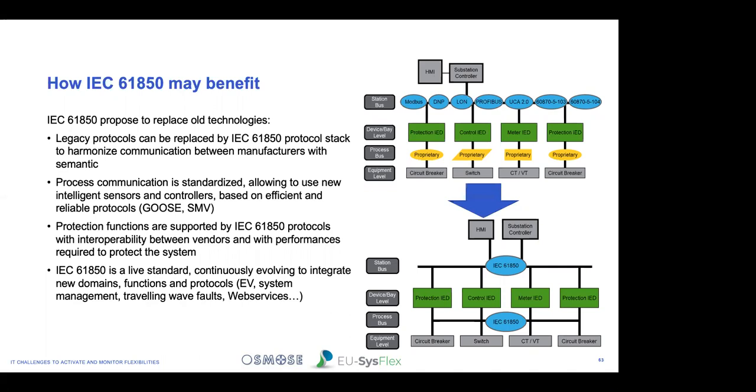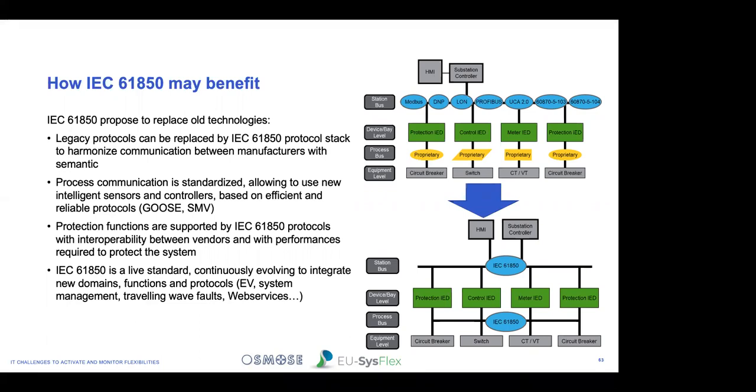And at the process bus level, so the communication with the process, all manufacturers have come with their proprietary implementation, most of the time wiring communication. And IEC 61850 proposes to have one standard to make the interoperability available between all devices, for the station bus but also for the process bus.